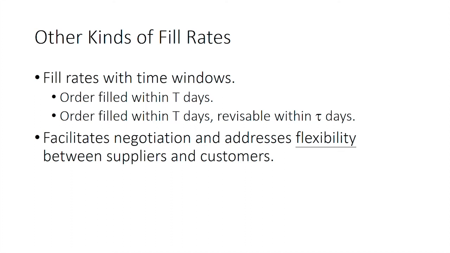So T equals 60 and tau equals 10. By that, the customers want some flexibility such that the company can adjust the order amount within a certain time. However, the supplier wants more certainty and a shorter tau, so the supplier and customer might negotiate regarding the contract terms.